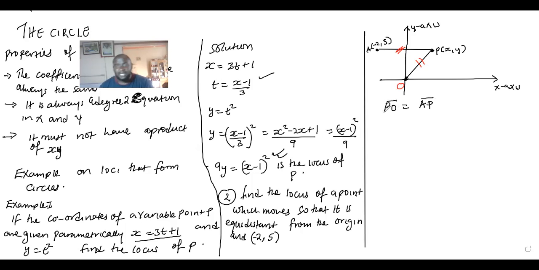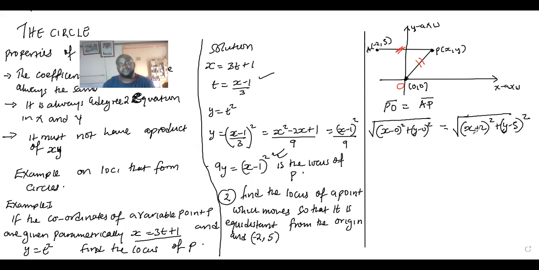Now here they have said that the distance PO is equal to the distance AP, and they want you to find that locus. We know O has (0, 0) as coordinates. So PO will be the square root of (x minus 0) squared plus (y minus 0) squared, which is going to be equal to the square root of (x plus 2) squared plus (y minus 5) squared.